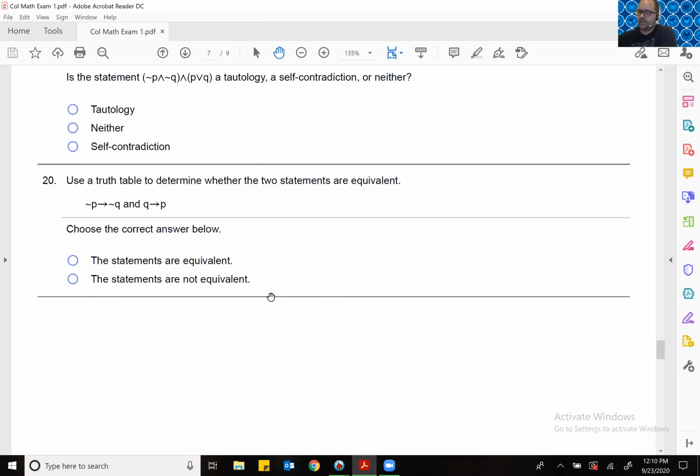So we've got P, negate P, conditional negate Q, and we've got Q, conditional P. I'd say just by looking at them that they're the exact opposites of each other. Well, but that doesn't mean that they're necessarily equivalent. Equivalent means that they have the same truth values in the same order in the end.